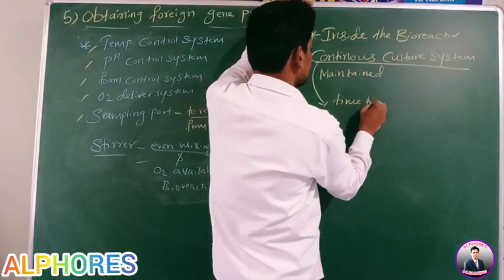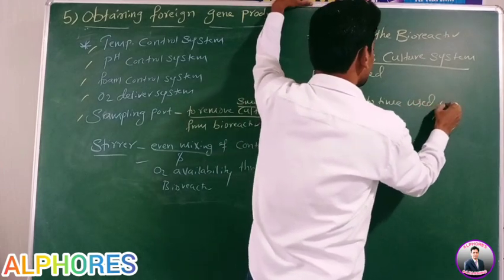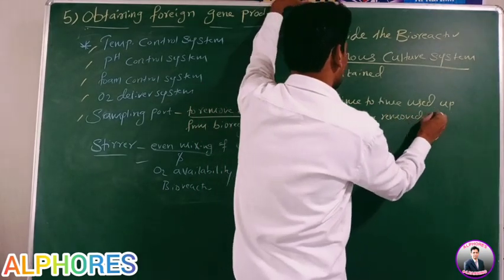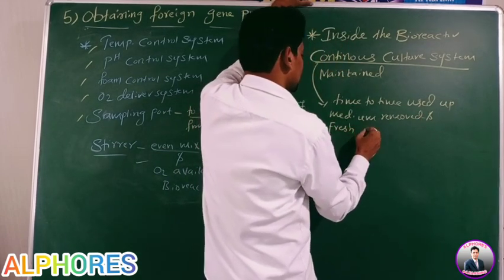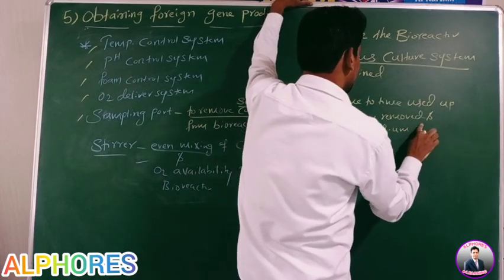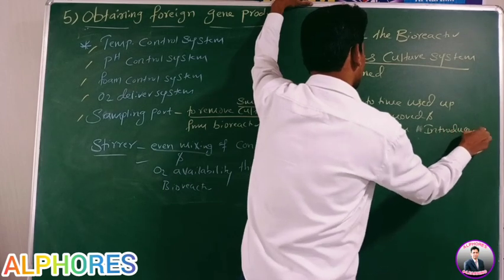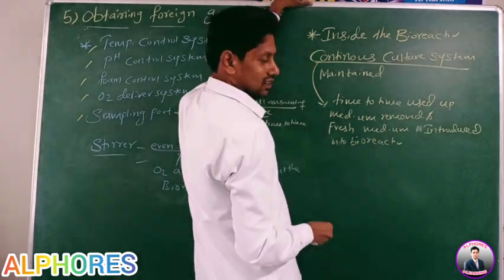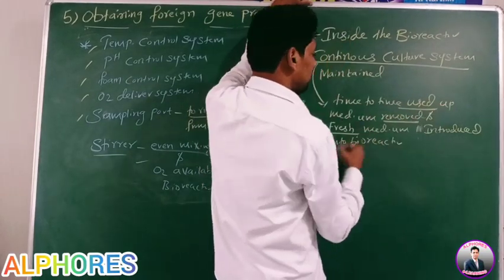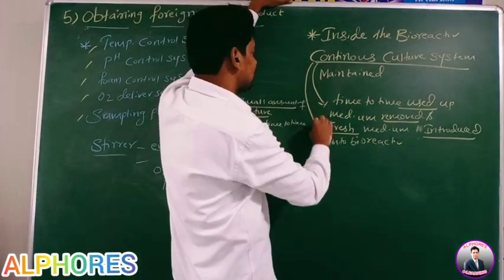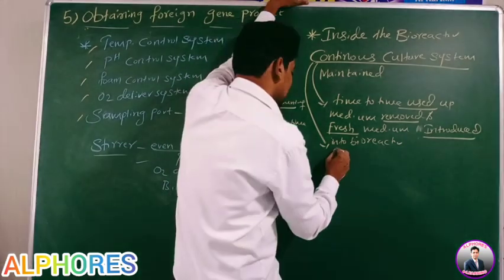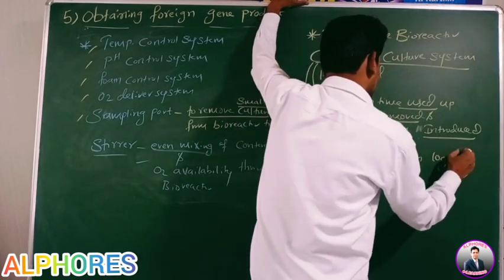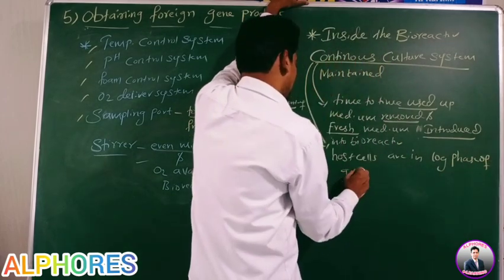Therefore, time to time, used up medium is removed and fresh medium is introduced into the bioreactor. So a continuous culture system is maintained inside the bioreactor, by which host cells are in log phase of growth.